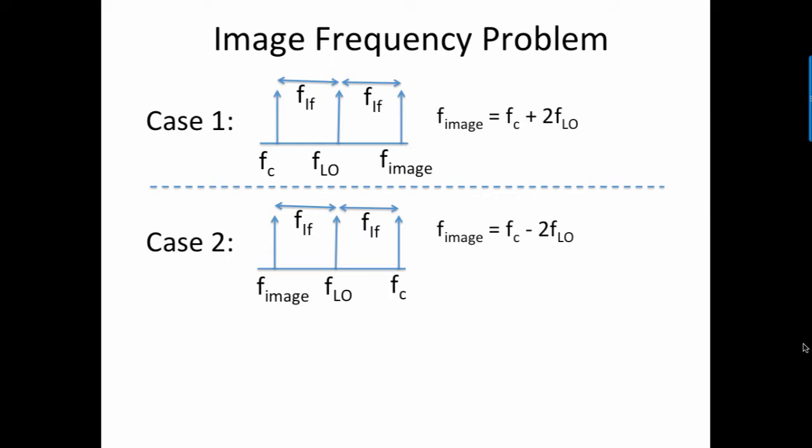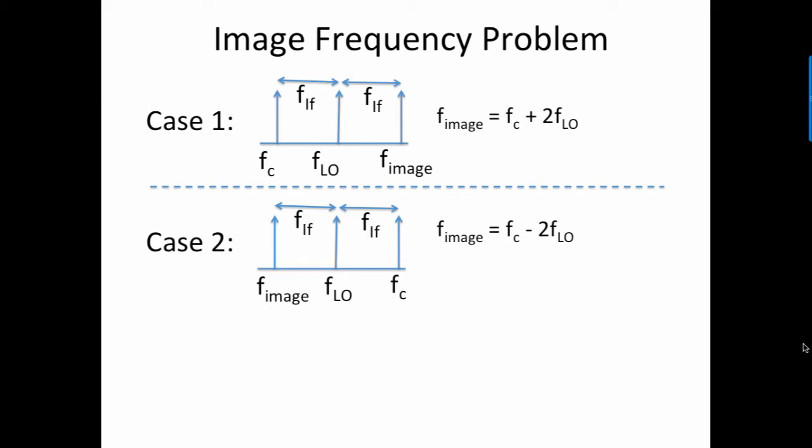Similarly, if FLO is below FC, we have case 2. In that case, the image will be 2 times FIF below FC. Again, if there is a station on that frequency, it may interfere with the intended station.